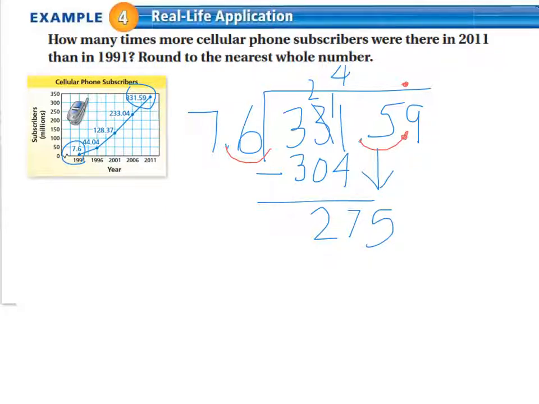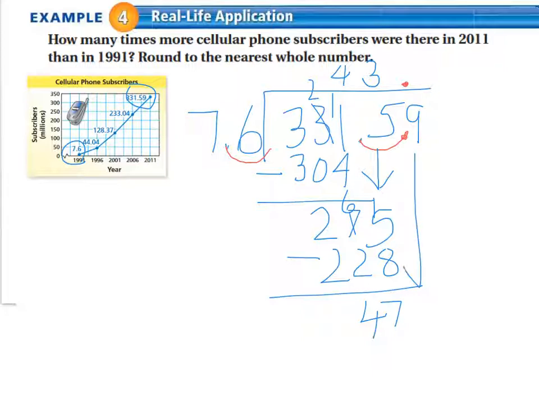How many groups of 76 are there in 275? I believe there are 3. 3 times 76 is 228. Regrouping here. Will give me 47.